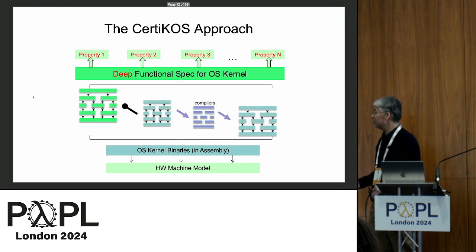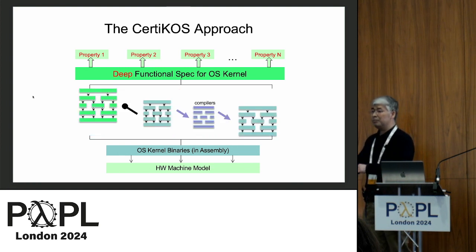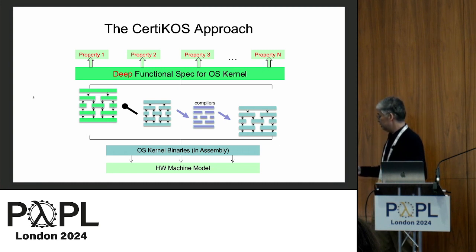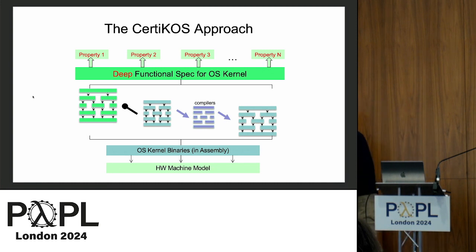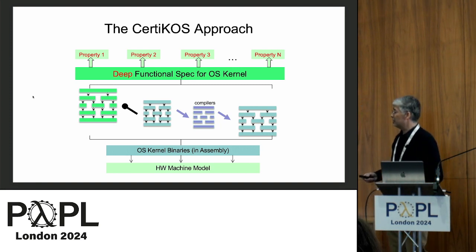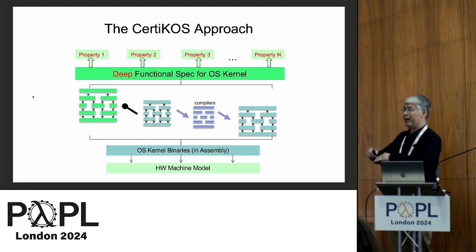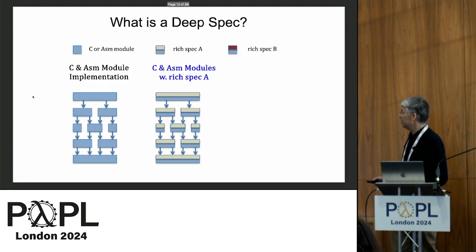In practice, the kernel is building abstractions on its own. So the actual code you see here probably depends on the specification of the underlying layers. That's why I wrote the spec itself as a more hierarchical spec, and you verify it one at a time. So what's the deep spec?